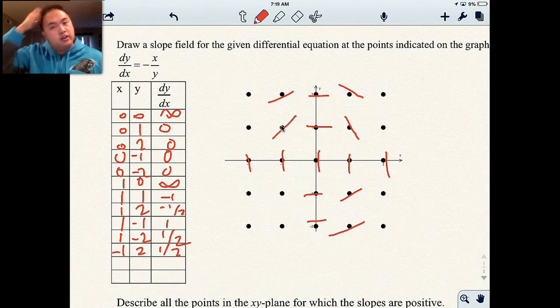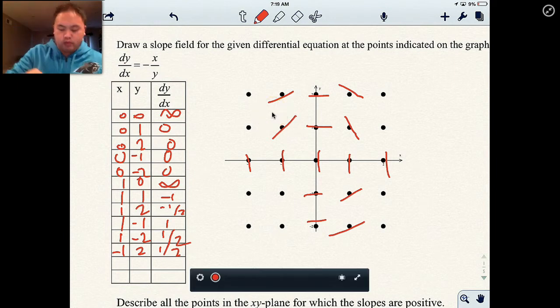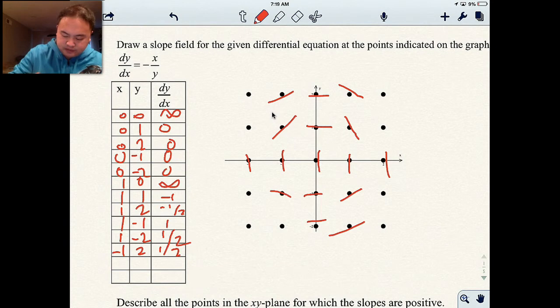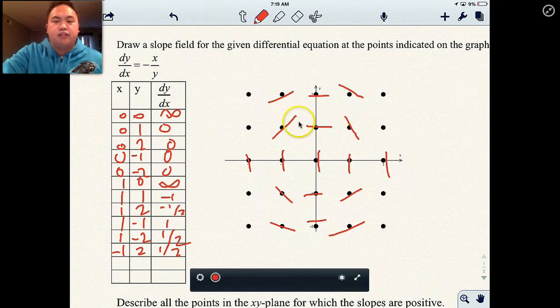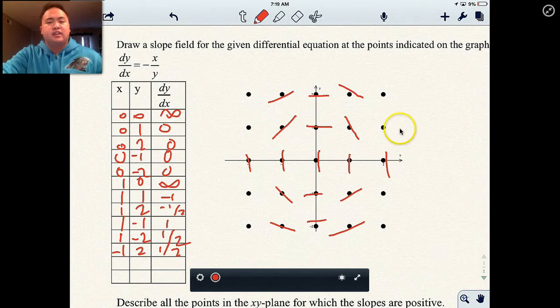I think some of you can see the pattern here; what this is going to look like is, like so, kind of a circular pattern. You can do this for the other dots. You just need to draw a slope field. And that's your answer. That's what a slope field is.